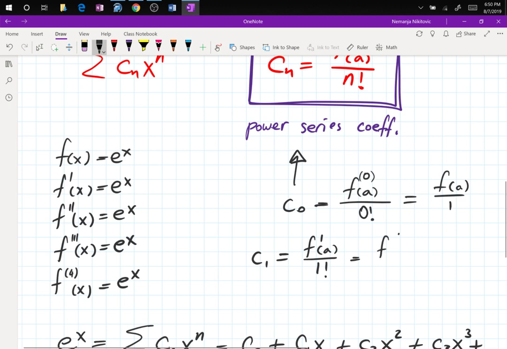Well, that's just f prime of a, which is f prime of 0, divided by 1. C2 is the 2nd derivative computed at a divided by 2 factorial. In our case, the 2nd derivative computed at 0 divided by 2. And so on. So we just need to plug all of these in.